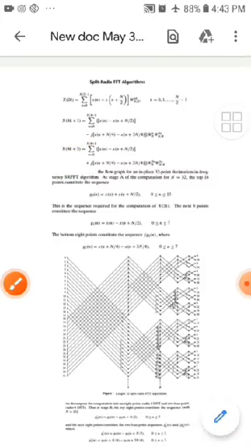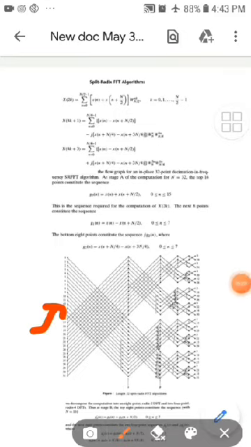And next, this is the 32 point decimation in frequency split radix FFT algorithm.